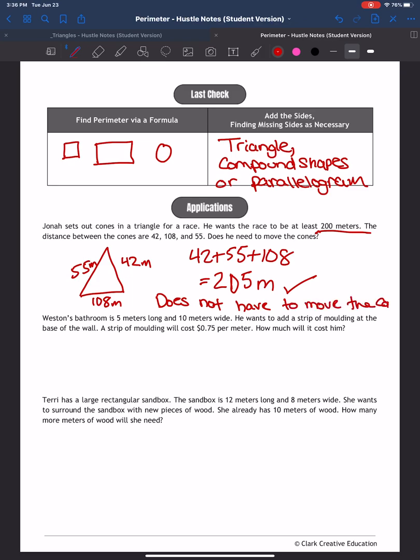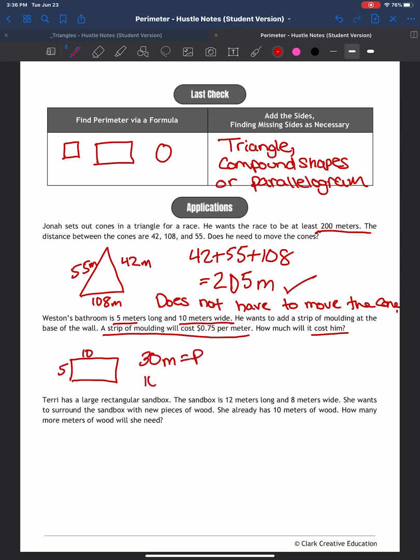Weston's bathroom is 5 meters long and 10 meters wide. He wants to add a strip of molding at the base of the wall. A strip of molding will cost 75 cents per meter. How much will it cost him? So here's his room, right? He's going to add the molding around the entire room. So you have 5 meters and 10 meters. This means he has a total of 30 meters is his perimeter.